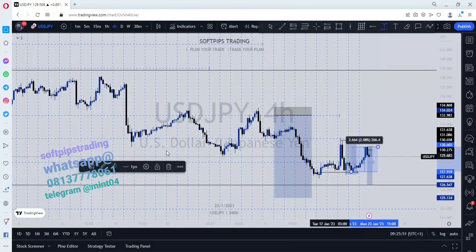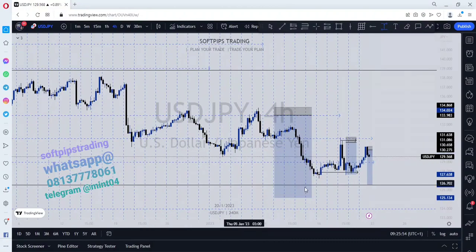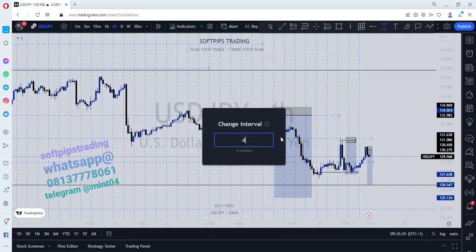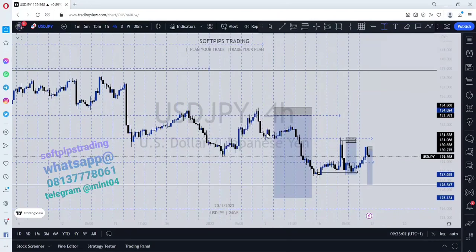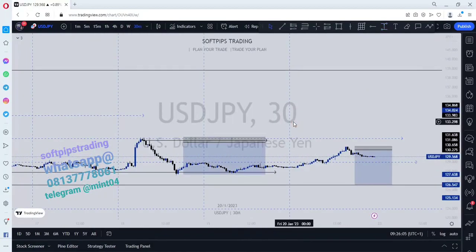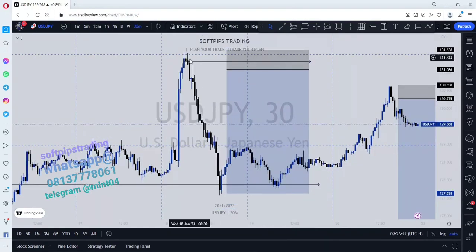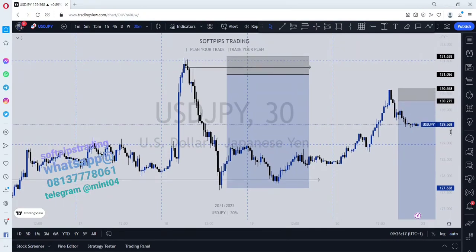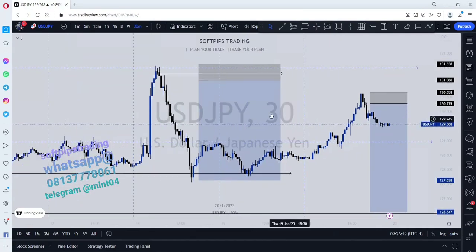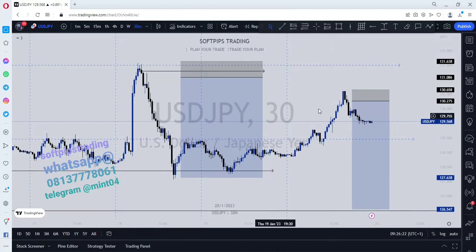282 pips. But for this week, I'm more concerned with the sell. I want to sell from this region. It's clearer on the 30-minute. I want to sell from this region or this. So for next week, I'm more concerned with selling the yen pairs, but also take note of this.